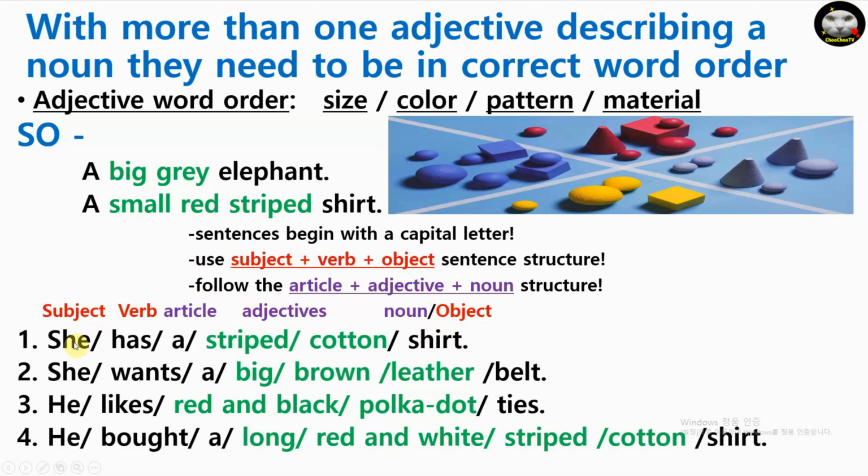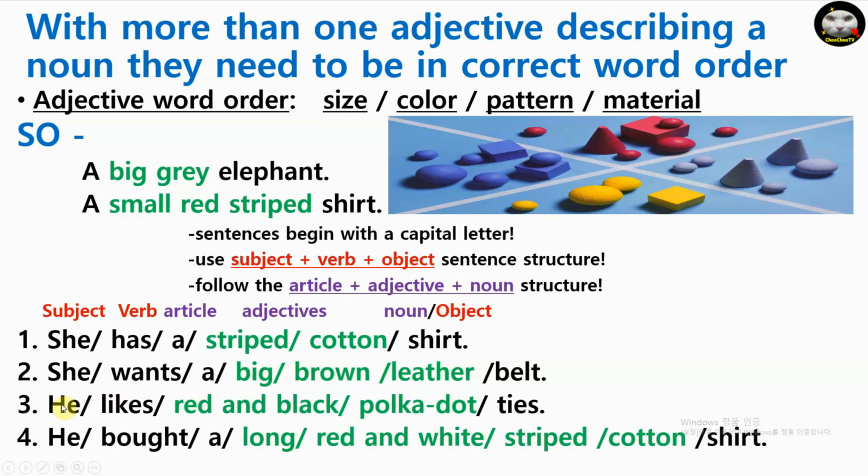In number 1, she has a striped cotton shirt. Notice the word order of pattern, material. Number 2, she wants a big brown leather belt, with the adjective word order being size, color, material.